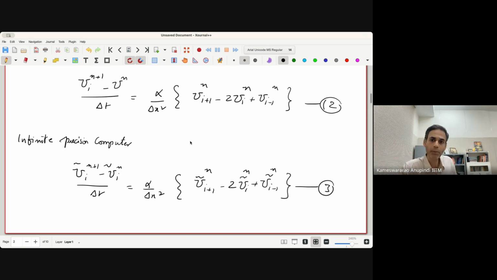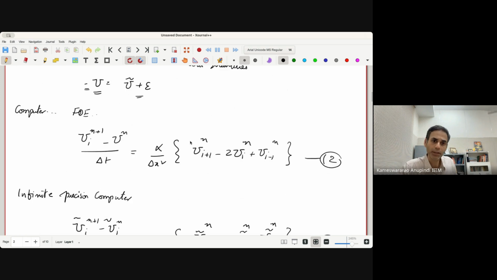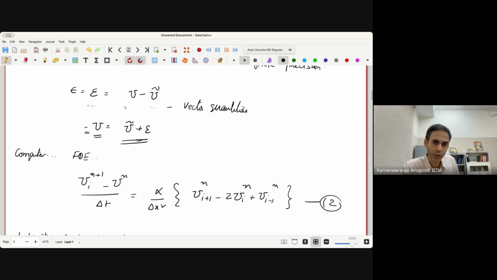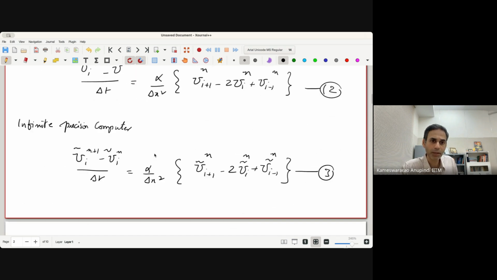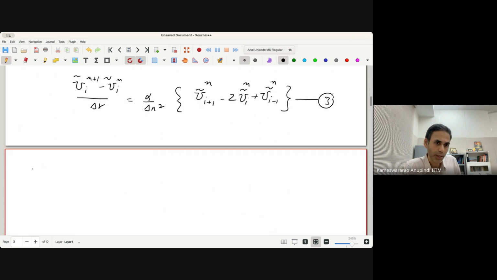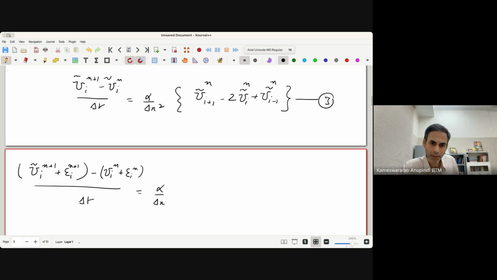Now I can go back and look at equation 2, and substitute u equals u tilde plus epsilon wherever there is u. That gives me another equation: u tilde I n plus 1 plus epsilon I n plus 1 minus u I n plus epsilon I n divided by delta t equals alpha by delta x square.